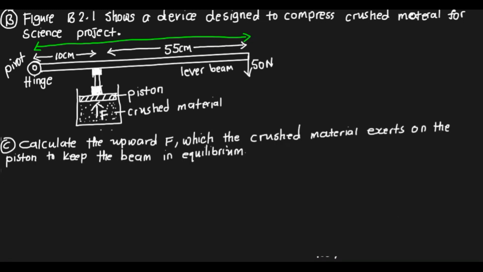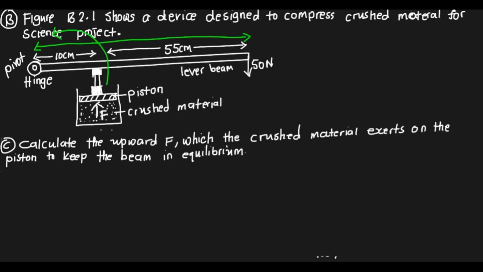Calculate the upward force which the crushed material exerts on the piston to keep the beam in equilibrium. Okay, so let's see what we can see here. So the upward force is pushing this, so it is moving in this direction here.